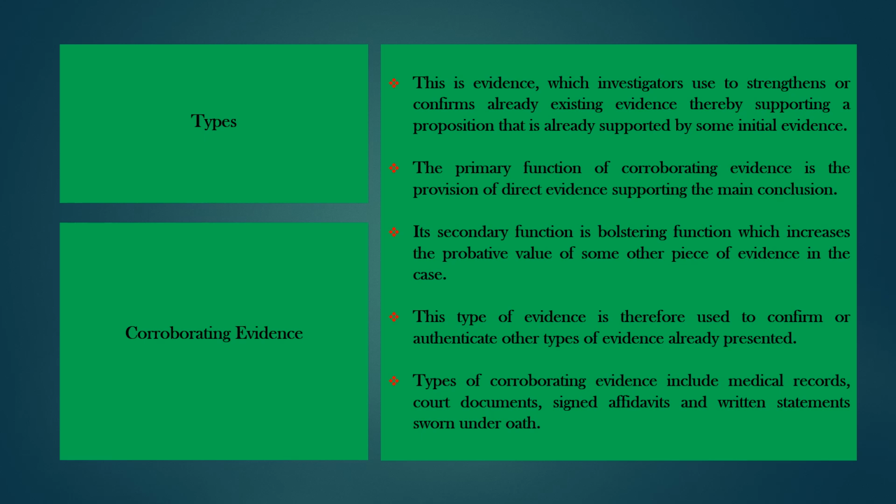In that case, the additional evidence strengthens already existing evidence, and the desire is to ensure that the person that is being accused has, by any standard, no chance of escaping justice. So when we talk of corroborative evidence, we mean that piece of evidence that is meant to back up, to support, and to strengthen already existing evidence to ensure that the accused has no chance of escaping justice.